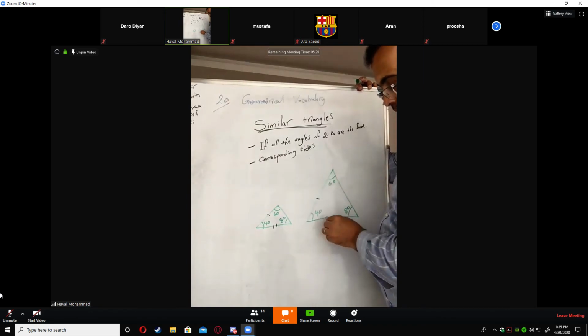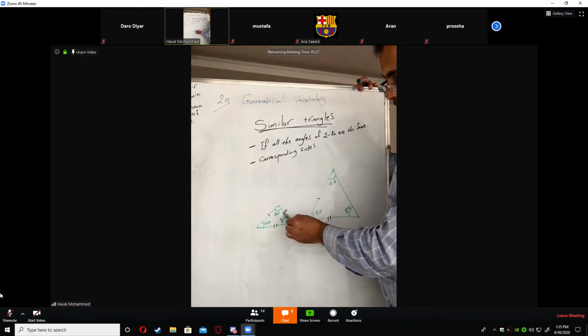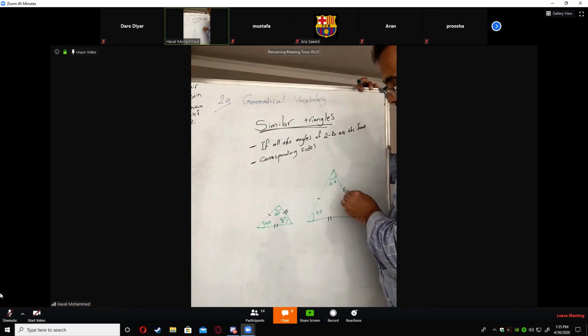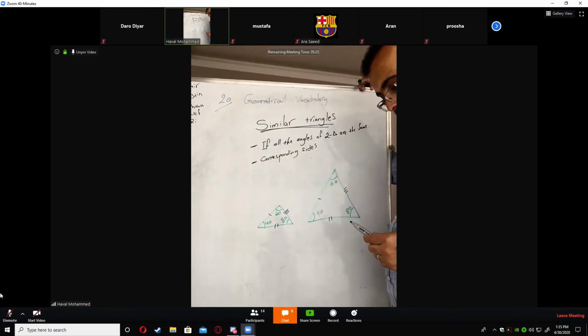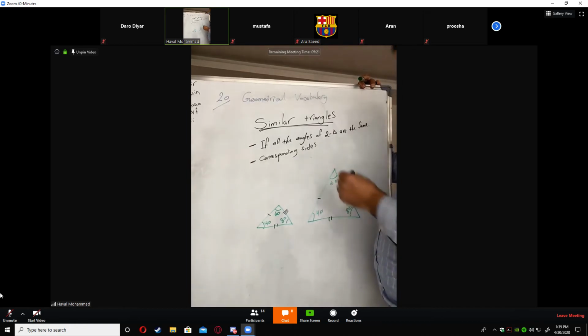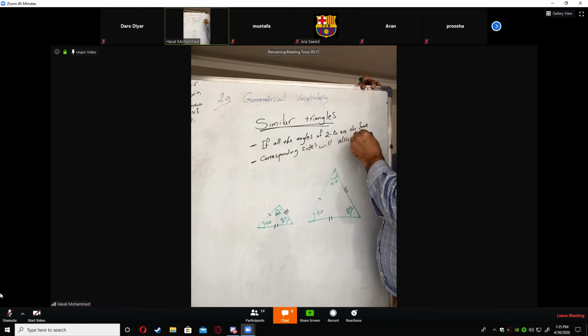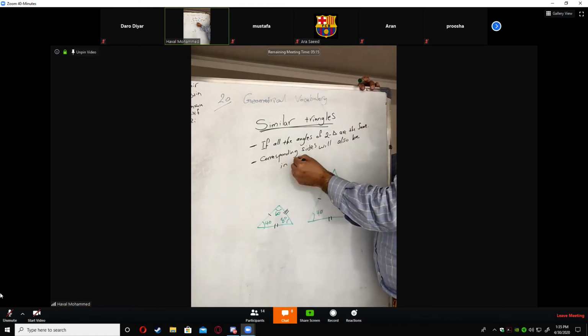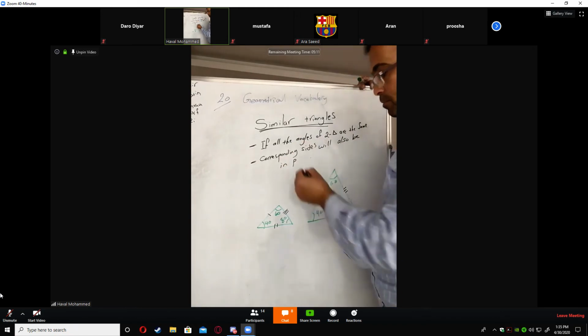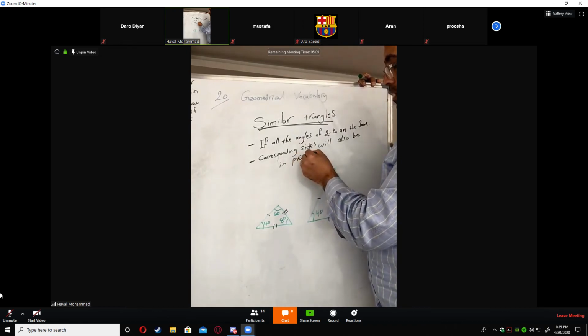This one, I use three lines, and that. Corresponding sides will also be in proportion. What does proportion mean?